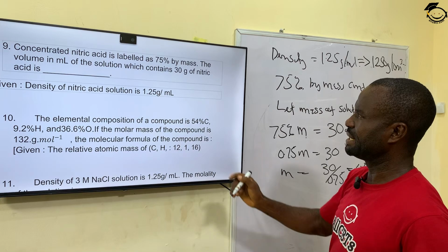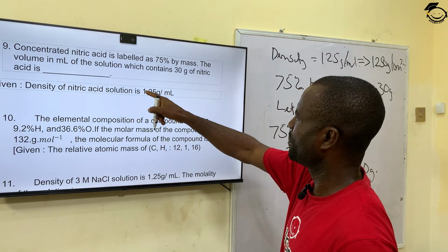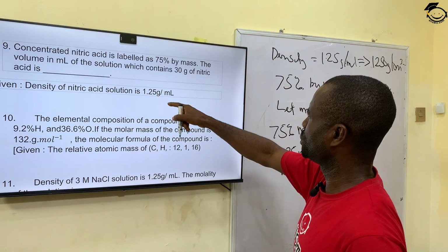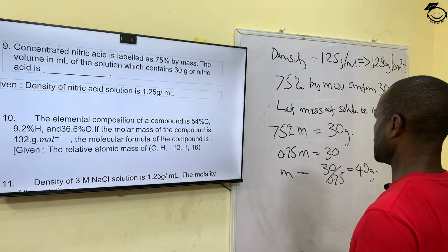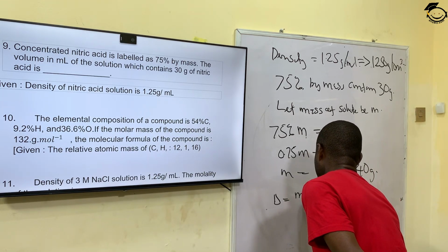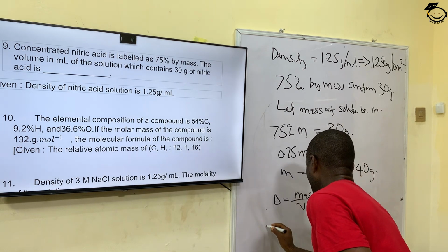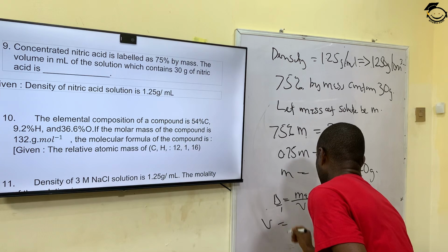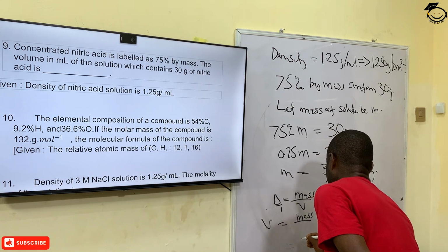In that case, how do we find the volume? The question says the volume in mL of the solution which contains 30 grams of nitric acid. So since we have density equals mass over volume, therefore volume, if we cross multiply, becomes mass over density.